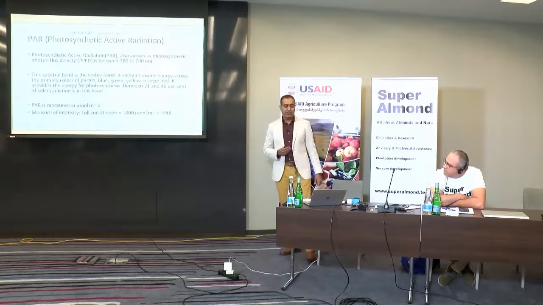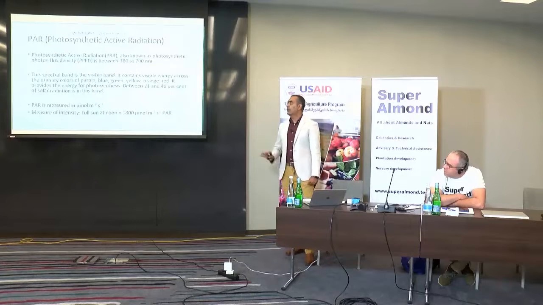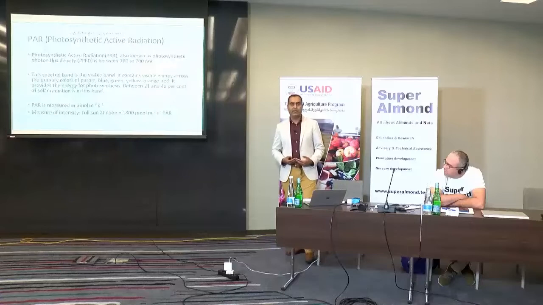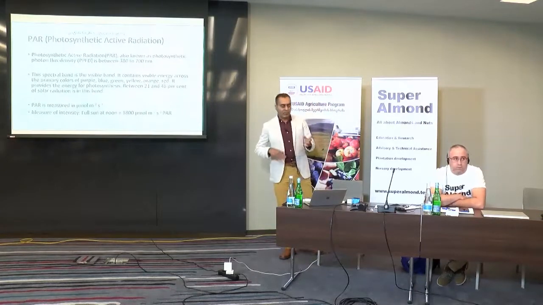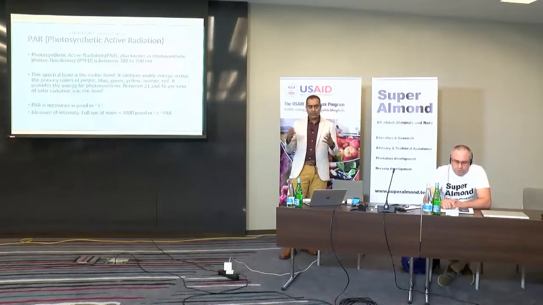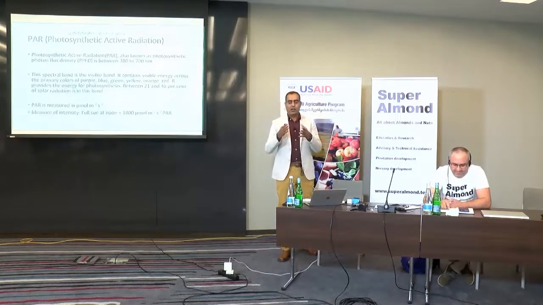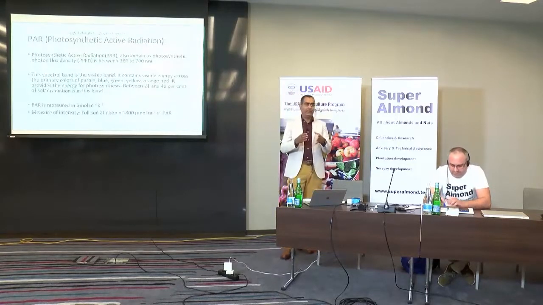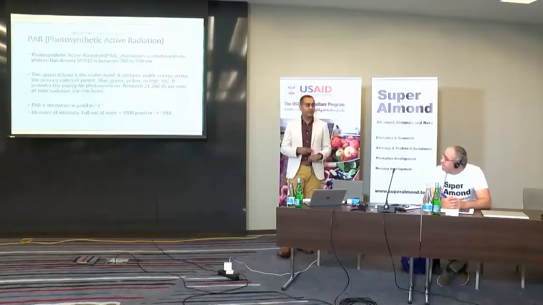Let me just take you back to some basics. What we call in physiology the photosynthetically active radiation, the PAR. That is that part of the sunlight spectrum, the visible spectrum, right around between 380 and 660 nanometers, which is the wavelength that is very much active in triggering photosynthesis and carrying out essential photosynthetic processes of the plant.